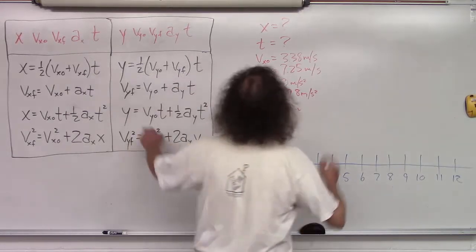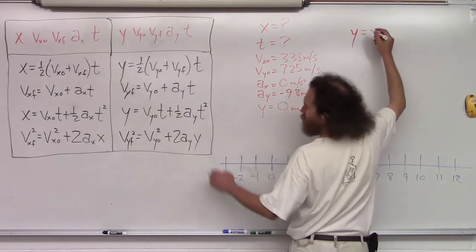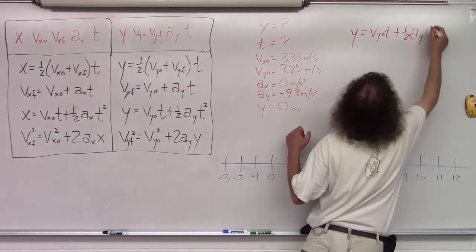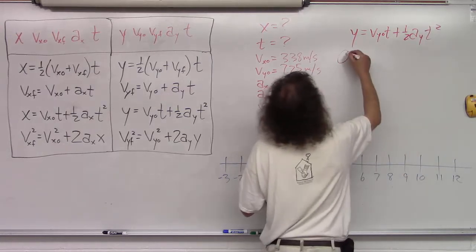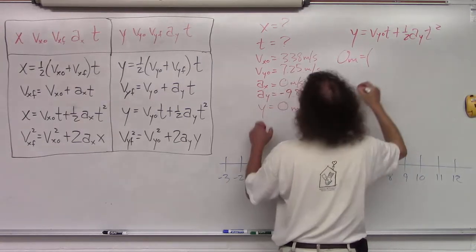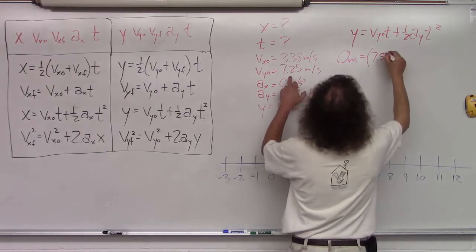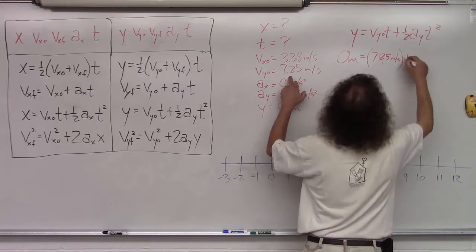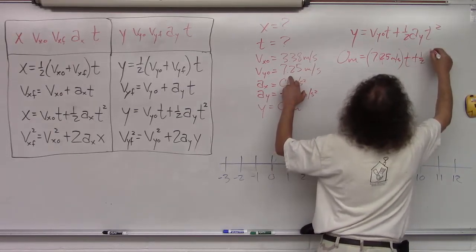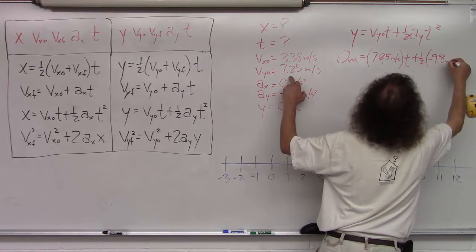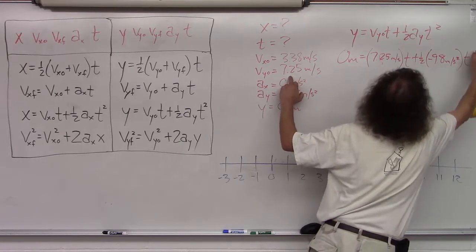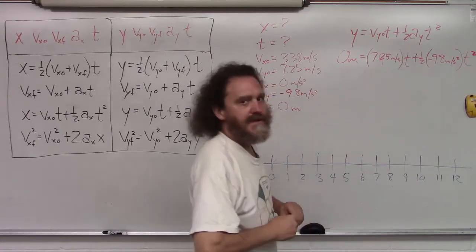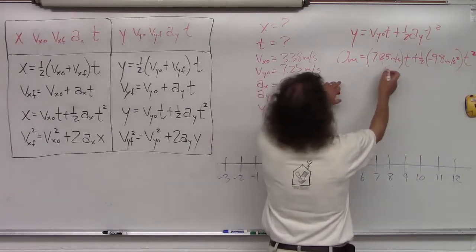So that's 0 meters equals 7.25 meters per second times t plus 1/2 times minus 9.8 meters per second squared, t squared. Okay, so that's what we've got to solve for t. Let's take this over to the other side.